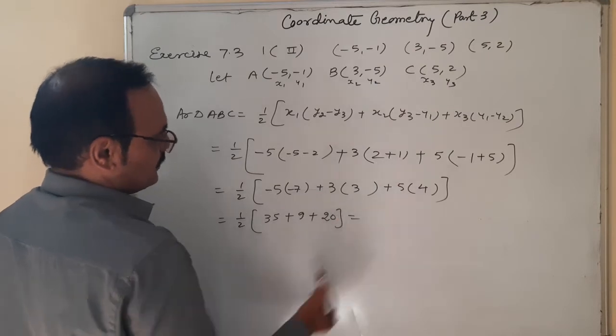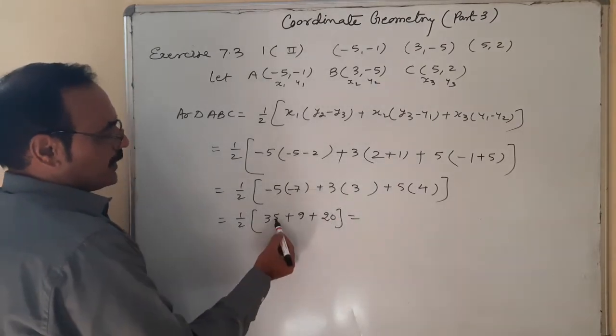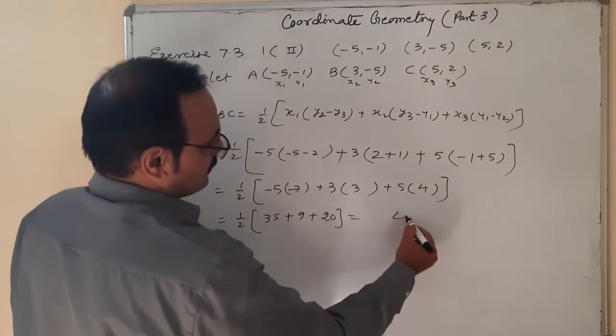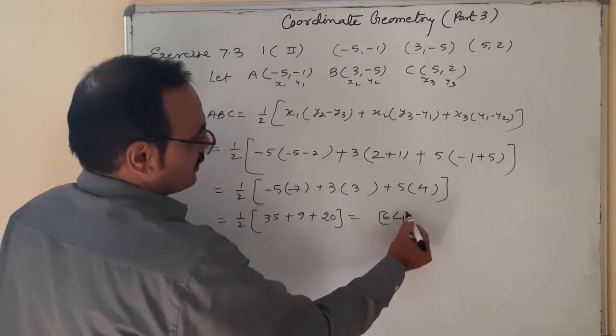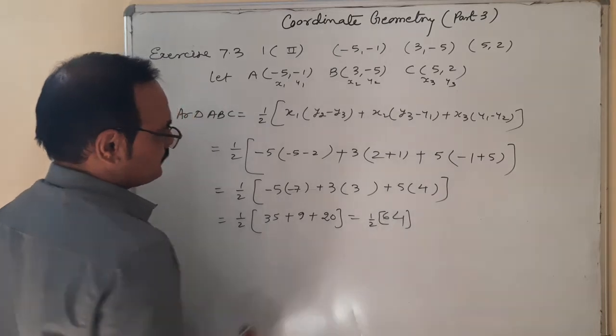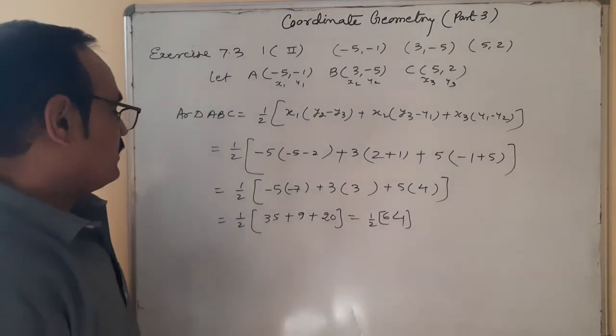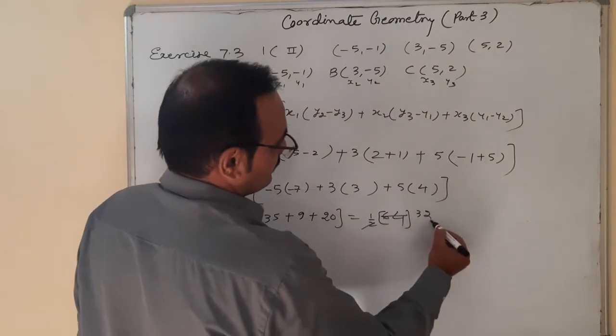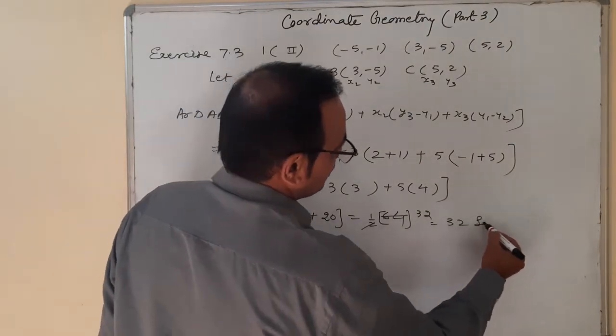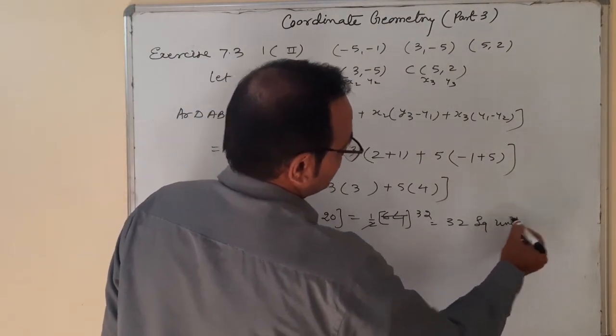All are positive. We can add them. 35 plus 9 is 44, plus 20 is 64. Outside 1 by 2 will be cancelled. Answer 32. So answer is 32 square unit.